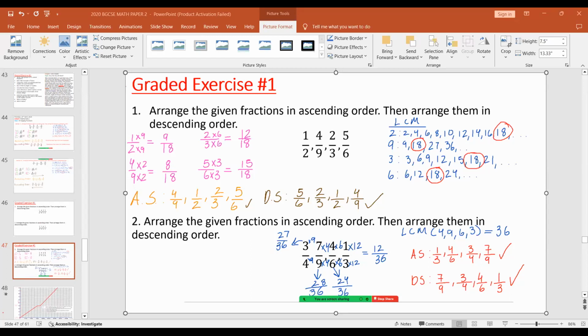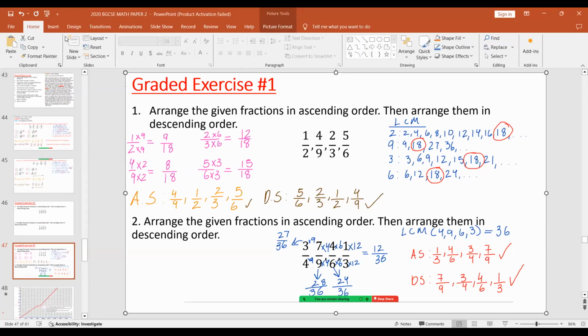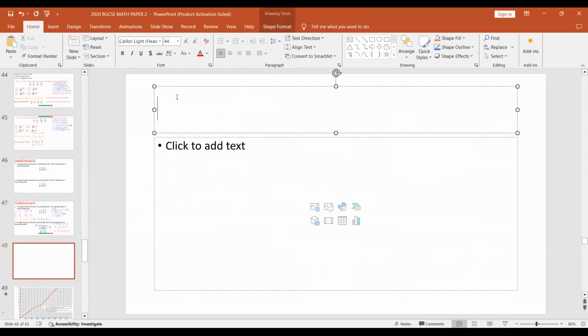Okay, so this is another type of question that we need to consider. So the question says, let's write this down. Call this one example number 3. Again, write this down.